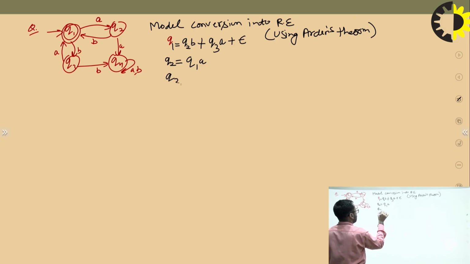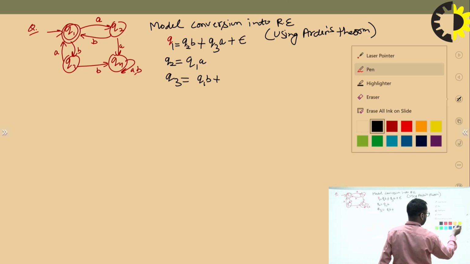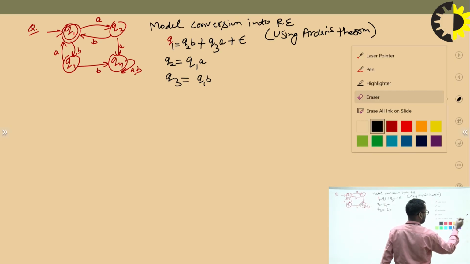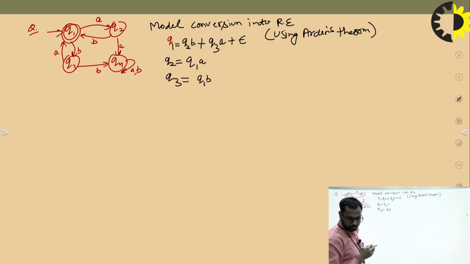For the state Q3, we calculate from Q1 using Q1B. And how will we calculate Q4?